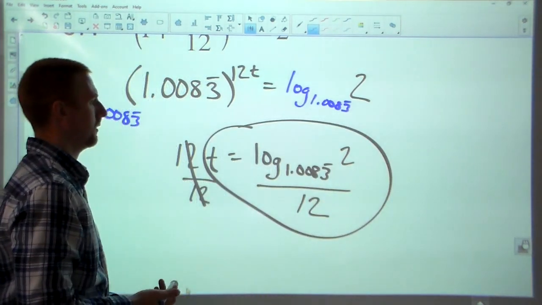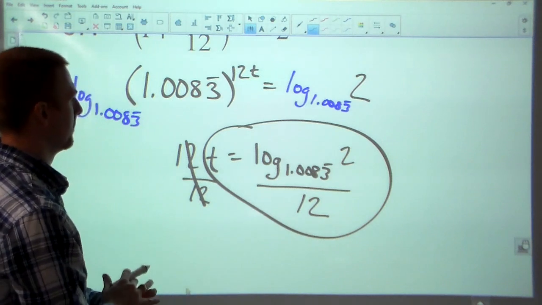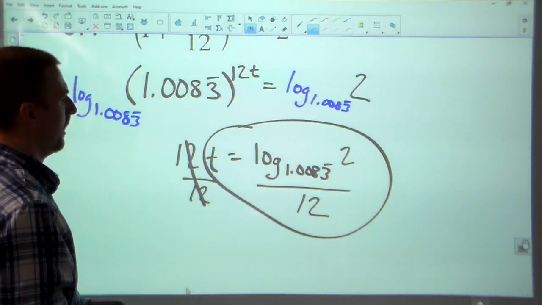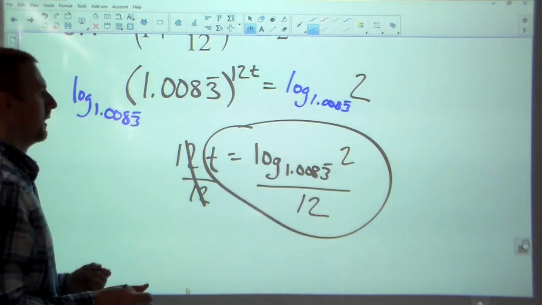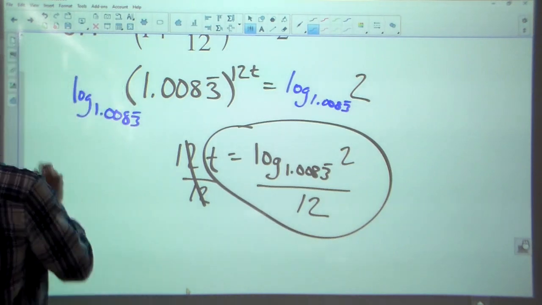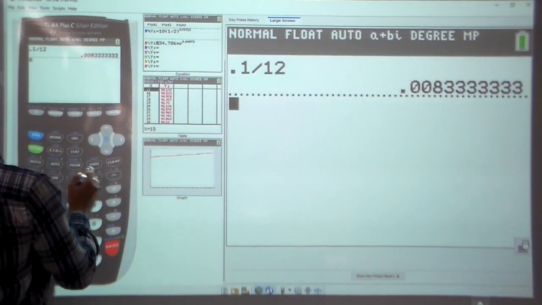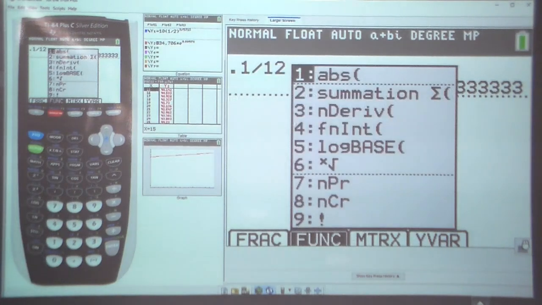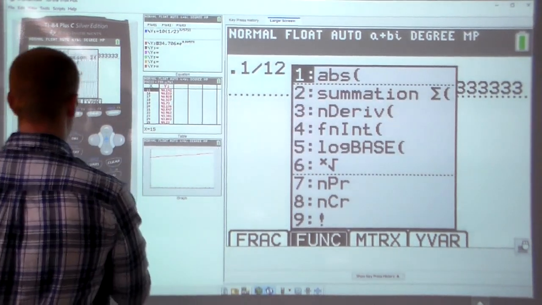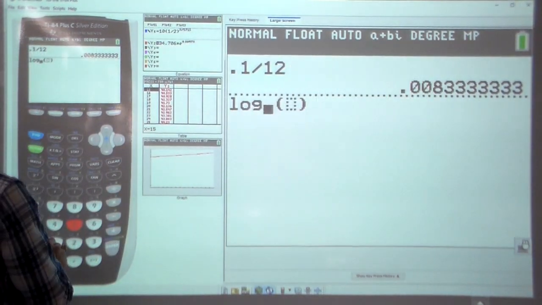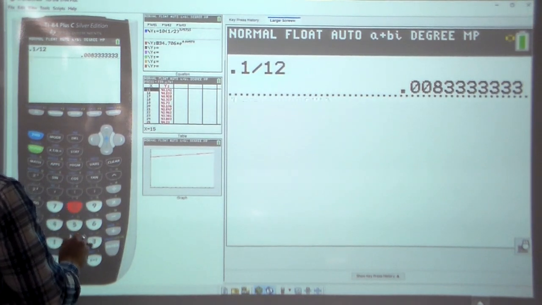And as a decimal, let's put it in the calculator so you see how that goes. I'll just do one of these in the calculator, and this will see if your answer matches what the book has. So again, it's alpha and window. Pick option 5 for log base. This was log base 1.0083 repeated.